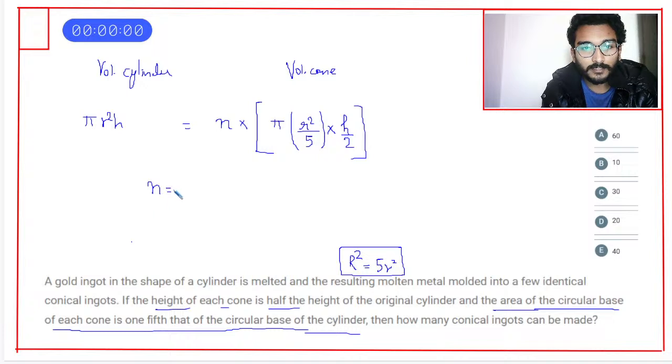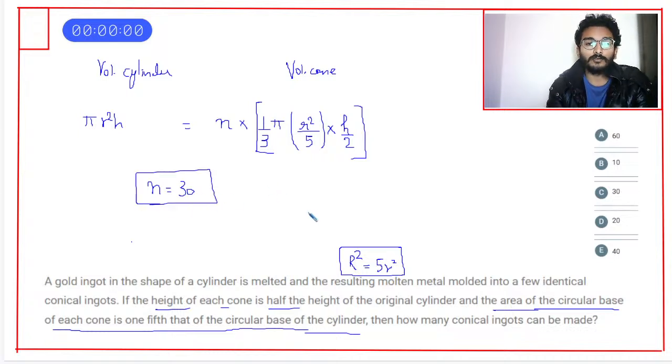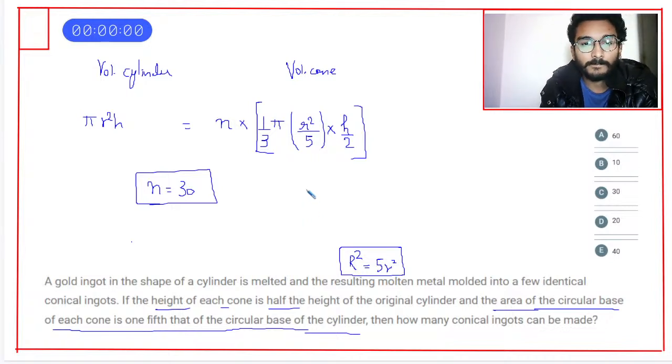The volume of cone is 1/3 of pi r square h. So 5 into 2 is 10, and 10 into 3, 30. So 30 cones are possible from this cylinder. First of all, we have a relation between the heights, then we get a relation between the radius, and then plug it. Is it clear?